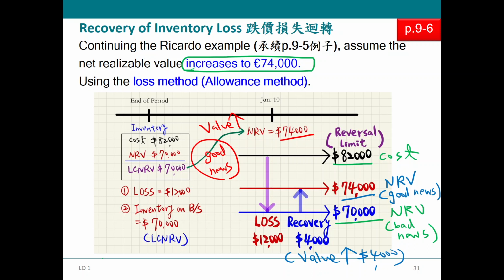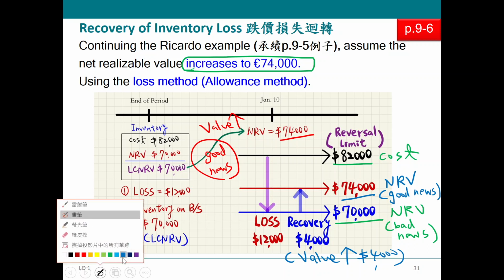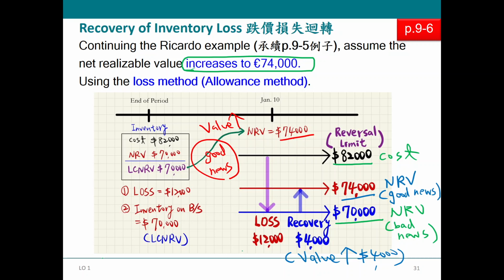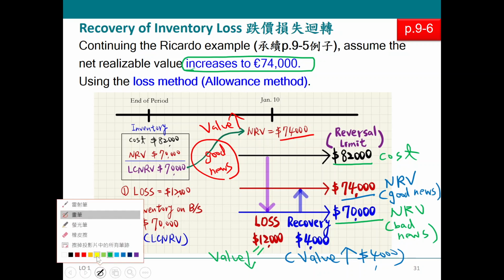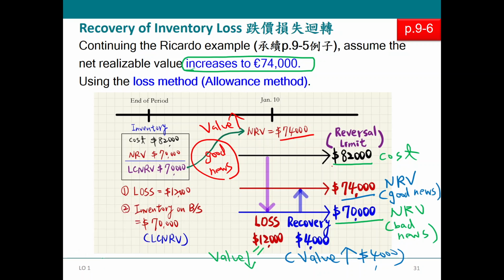Before, the value decreases; later on, the value increases. Any questions? But what is our upper limit, 上限? Upper limit 上限 is my cost. Okay, upper limit 上限 is my cost. So you should understand the cost.